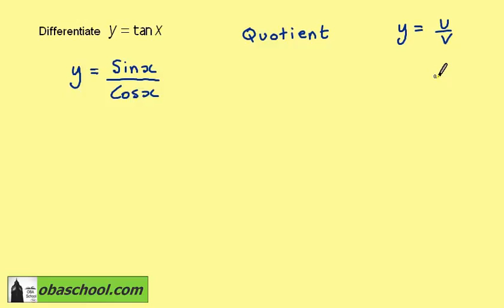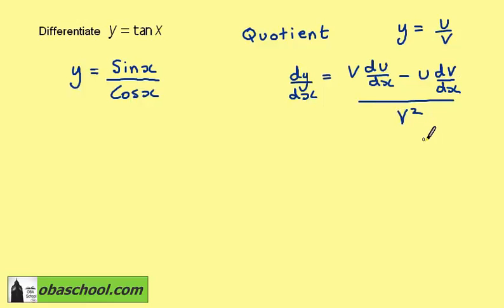The quotient formula is that dy dx is equal to v times du dx, take away u times dv dx, all divided by v squared.